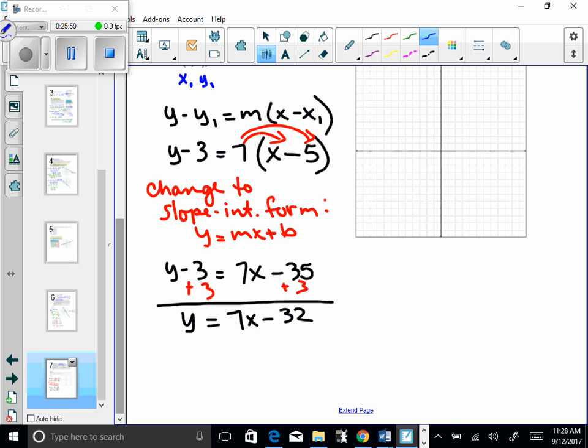That gives me a slope of 7. And I'm going to do 7 over 1 because I need complete direction. So go ahead and make that a fraction. And then b is negative 32.